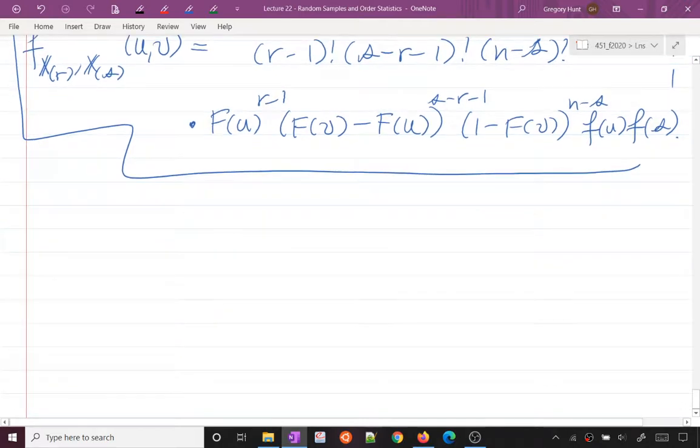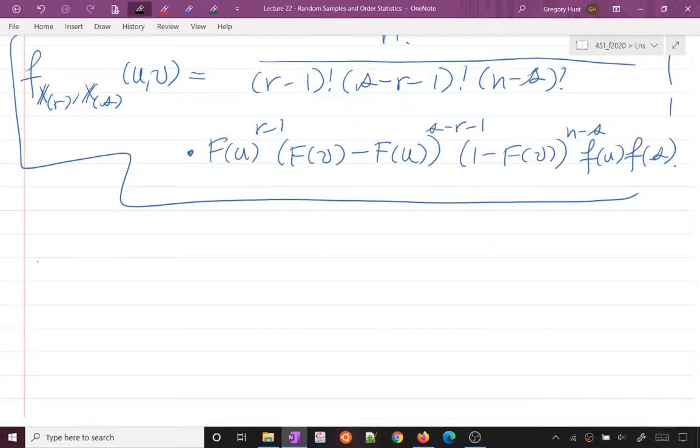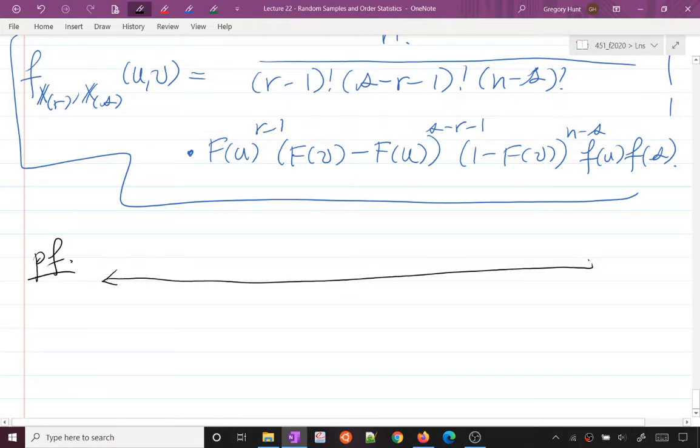I'm going to make a quick heuristic argument, similar to what I did in the univariate case. Let's see if we can do this in 1 or 2 lines. So this is the density that the rth order statistic is at u and the sth order statistic is at v. Again, I'm talking about continuous random variables, so we have a density. We have some value u, and that should be less than the value v. If v is less than u, the density is 0. We can't have the higher order statistic be smaller than the smaller order statistic.